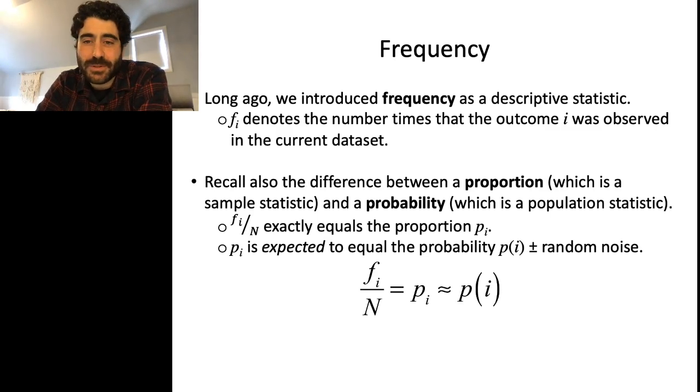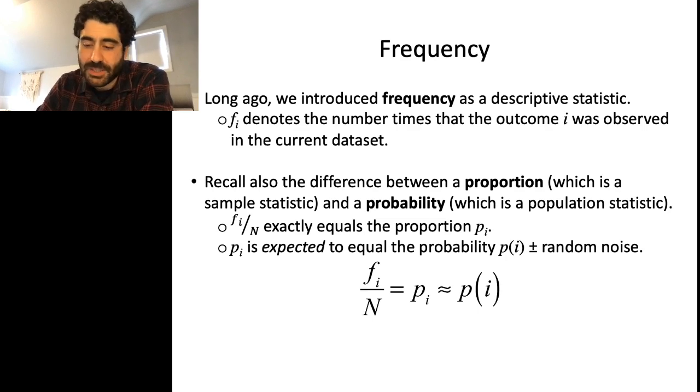And of course, how tight this squiggly equals is depends on a lot of things. It depends on, for example, the sample size. It depends on how small these probabilities are, so small probabilities are going to be harder for us to estimate accurately.